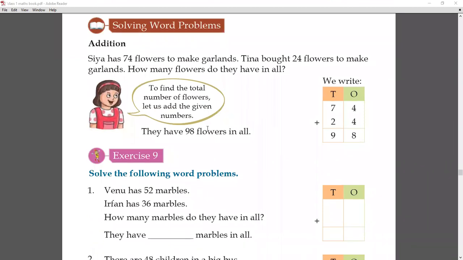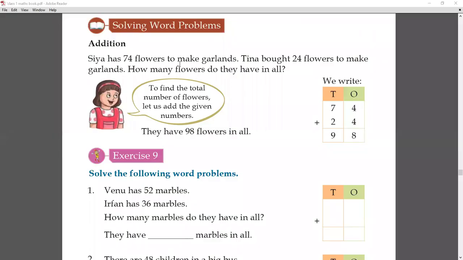Solving word problems. Okay, now addition. Sia has 74 flowers to make garlands. Tina bought 24 flowers to make garlands.